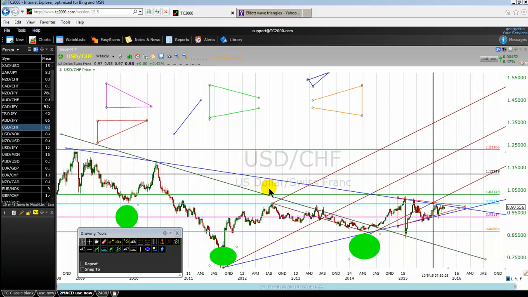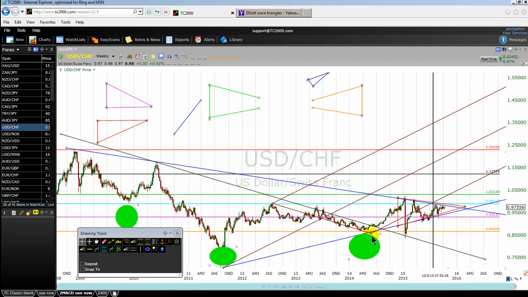This line here is a very important trend line. See here? The price was below that bearish trend line. Now it broke above it, and retested it right here on the edge. Does it make sense?